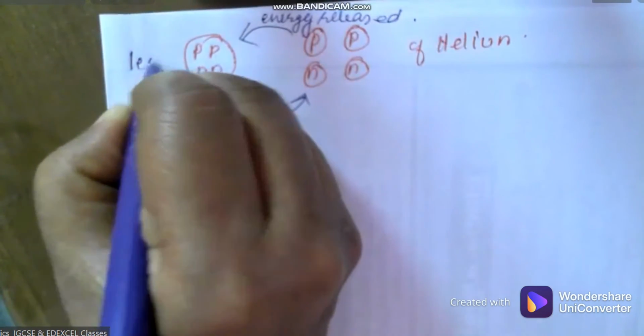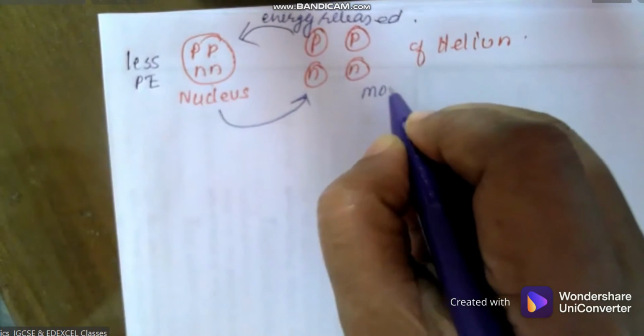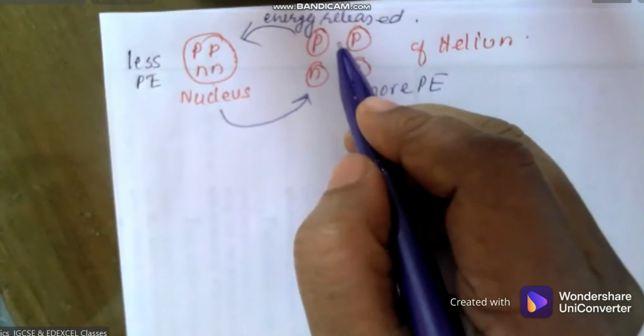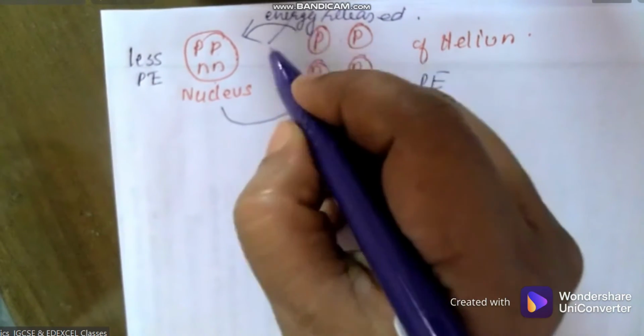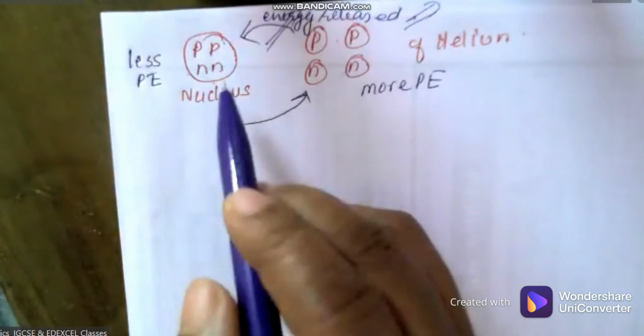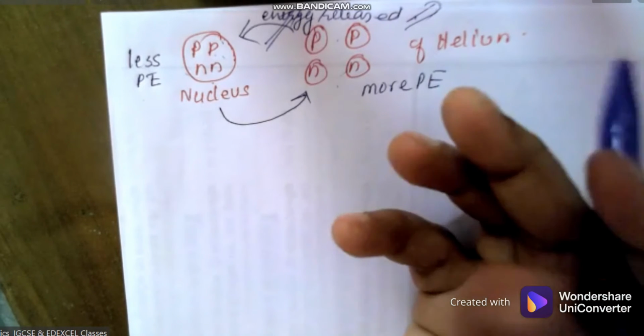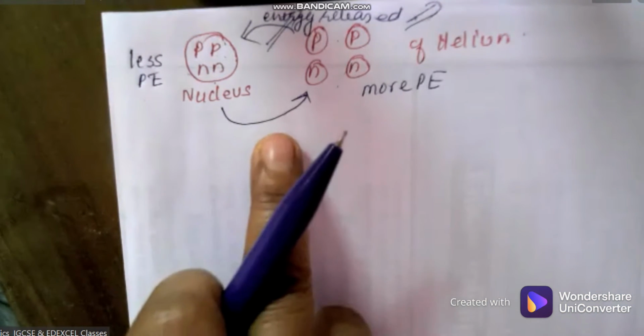This has less potential energy. This one has more potential energy. So this excess potential energy, it has already given out. Energy gone. That energy is the binding energy. Now you have this nucleus, you want to separate them. Should you supply energy or will you get energy out? You have to do the opposite, supply.